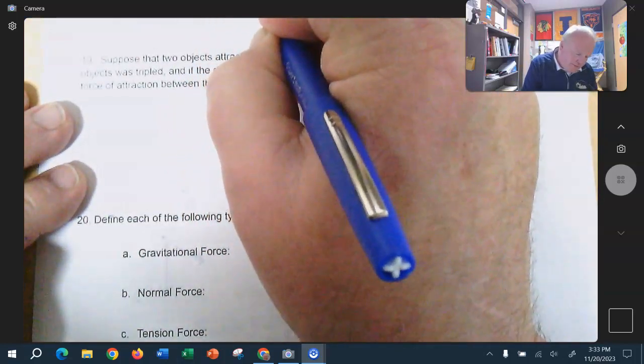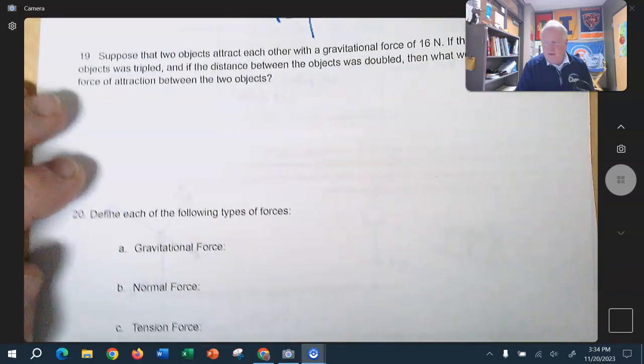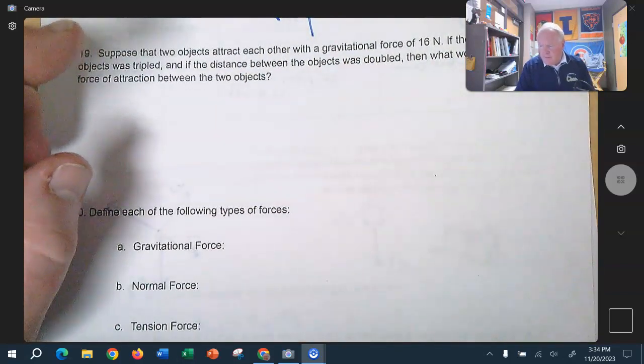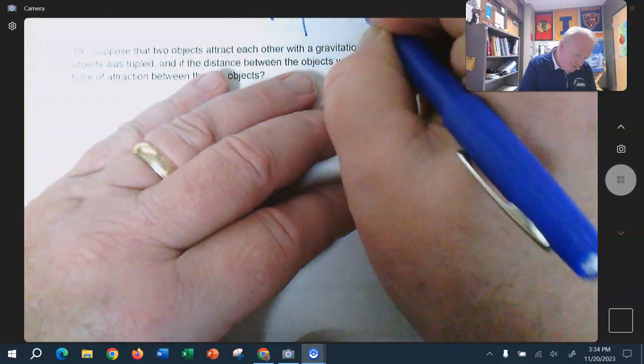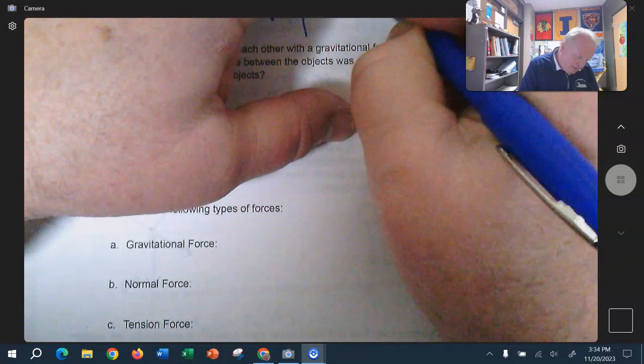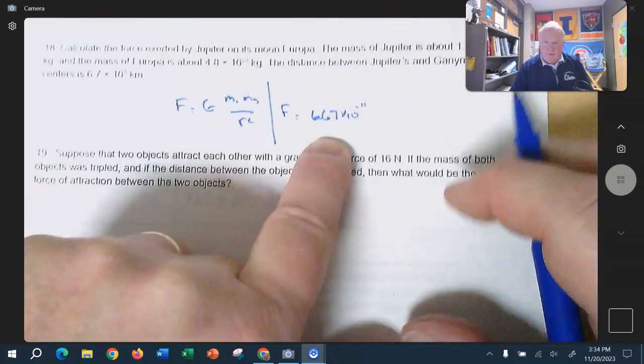Force is equal to G m1 m2 divided by r squared. Some really big numbers, but remember that you need to use 6.67 times 10 to the negative 11 for G.